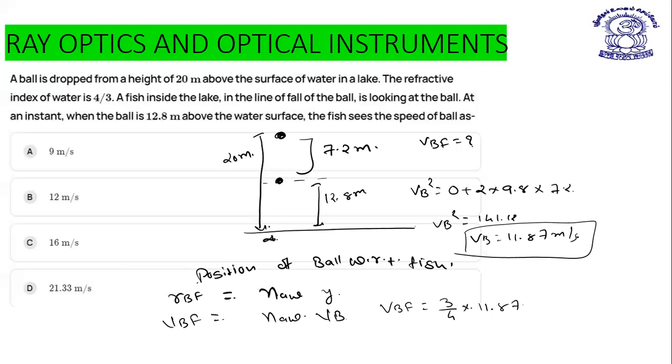This will give us the answer approximately 9 meter per second. It will come to 8.9, so we can approximately take it as 9 meter per second. So the velocity of the ball with respect to the fish will be 9 meter per second.